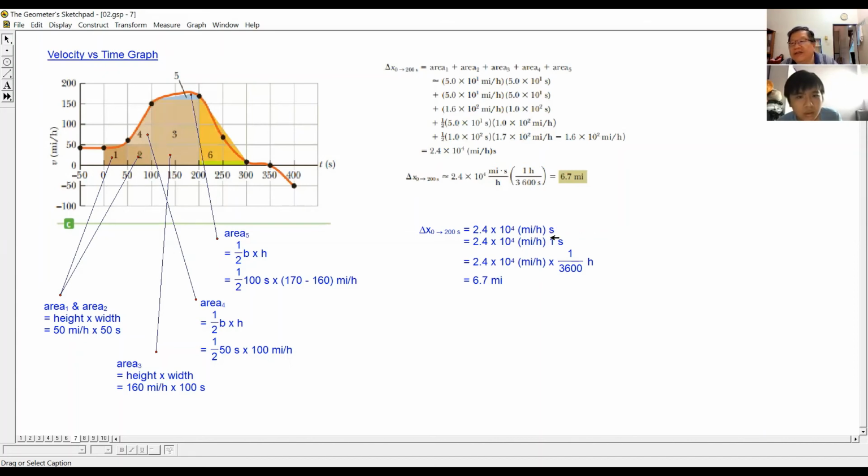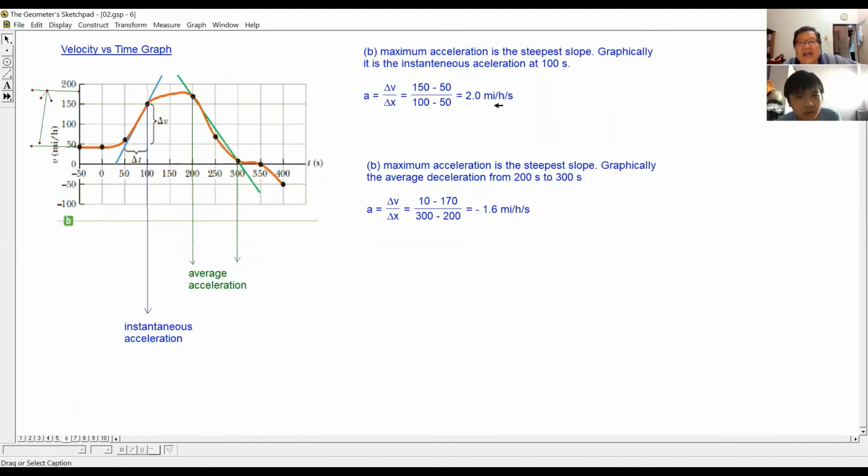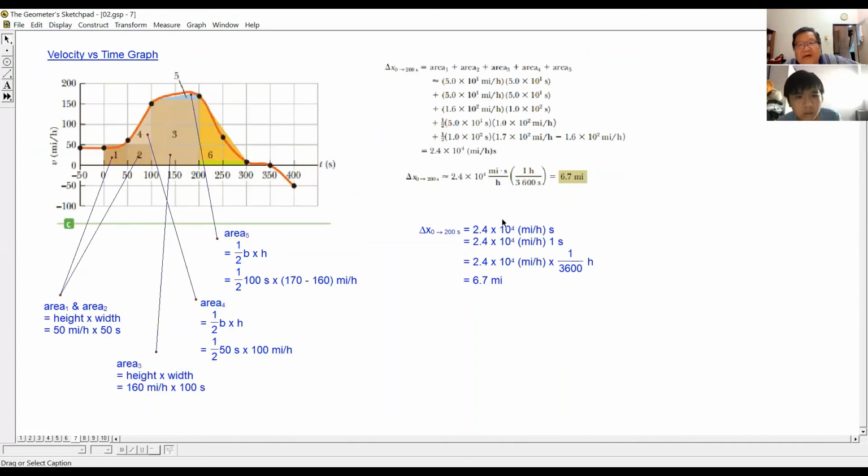It is not per hour per second anymore. Earlier on, it is mile per hour per second because you divide by second. But when you find the area, you multiply with the second, so it's mile per hour second. One is the area, the other one is the slope, so the units will be different.